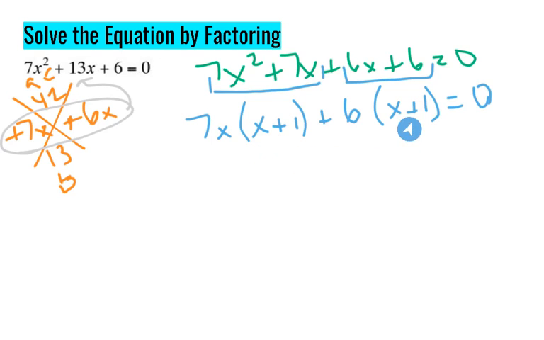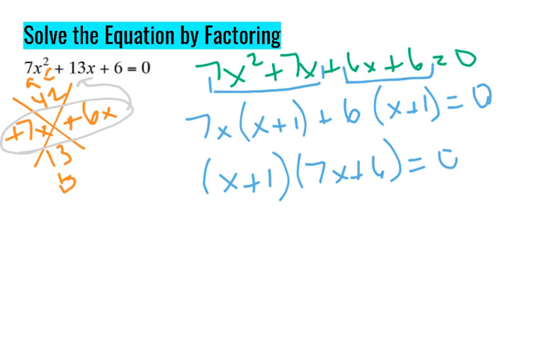And I can factor out this x plus 1 because they have them in common. So I'm going to factor out my x plus 1. And when I pull that x plus 1 out to the front, I'm left with 7x plus 6. And I know those equal 0.